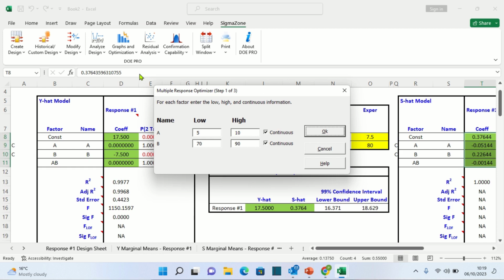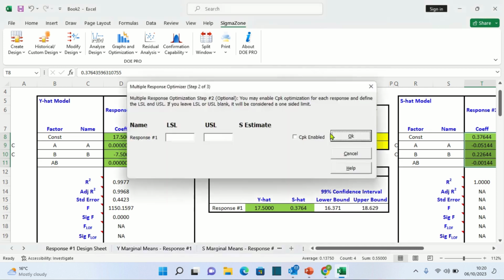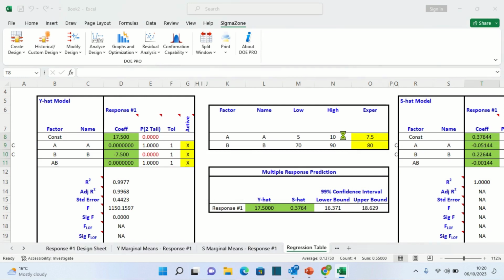Now in this window, it's just asking me to confirm, are those variables continuous? In other words, can I set time to 5.36 if I wanted to? In other words, anywhere between 5 and 10. So if I leave the check mark in there, yes, it's a continuous scale. So I'm going to click OK to that. The next window I don't use, so we're just going to click OK and click past it.